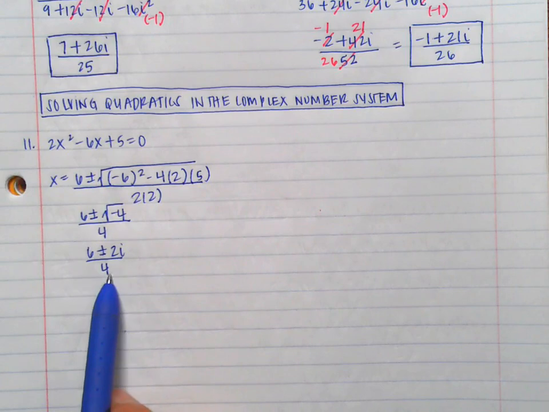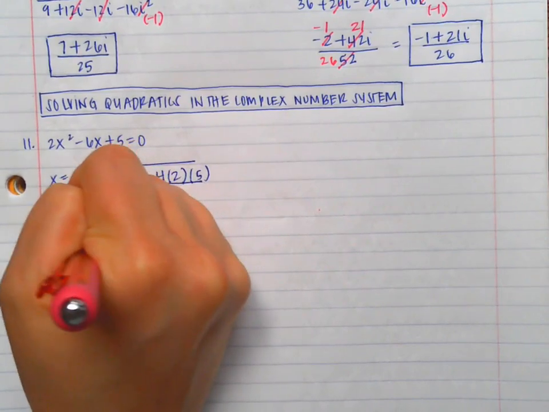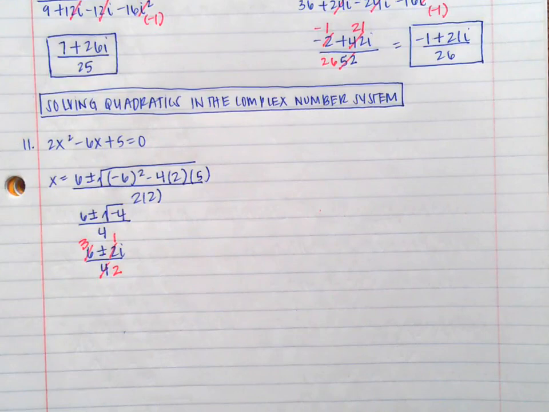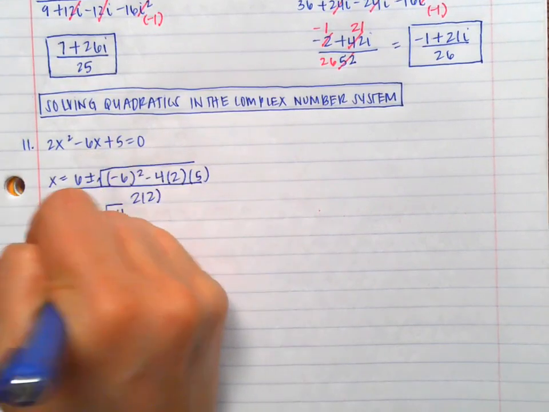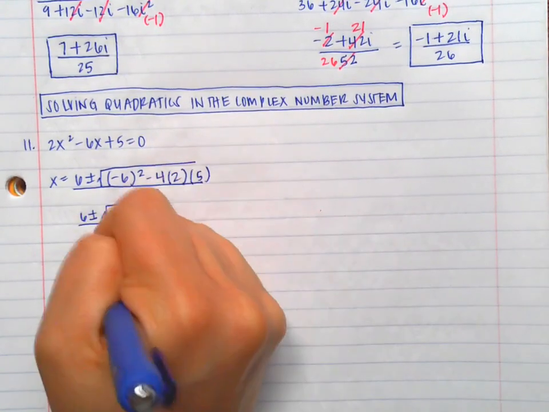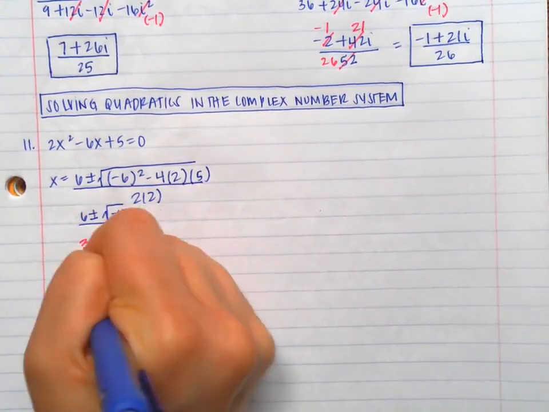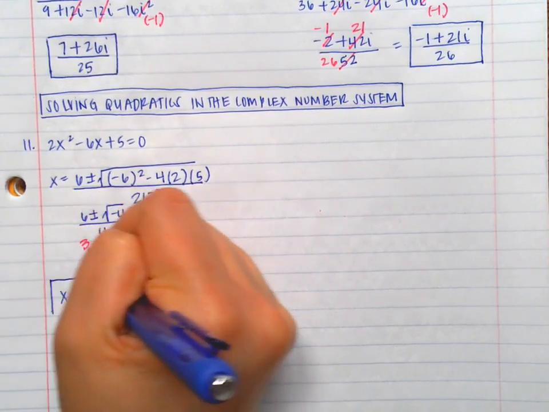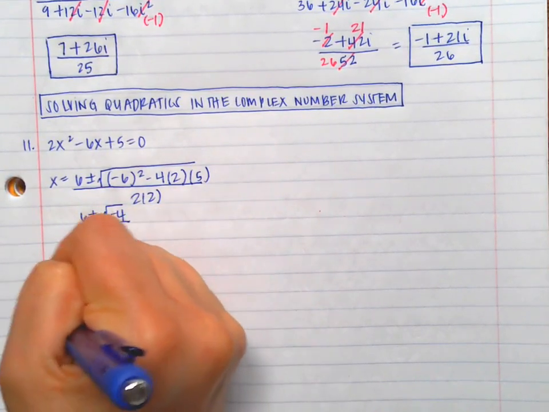Remember, all or nothing. And I do. 2 goes evenly into all 3 of those numbers. 6 divided by 2 is 3, 2 divided by 2 is 1, and 4 divided by 2 is 2. So my final answer is x equals 3 plus or minus 1i, which we can just write as i, divided by 2. And that is your complex solution.